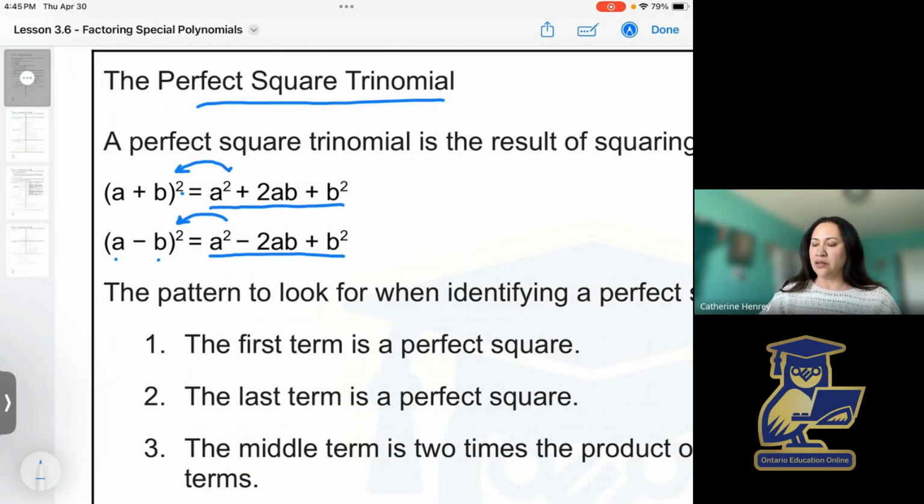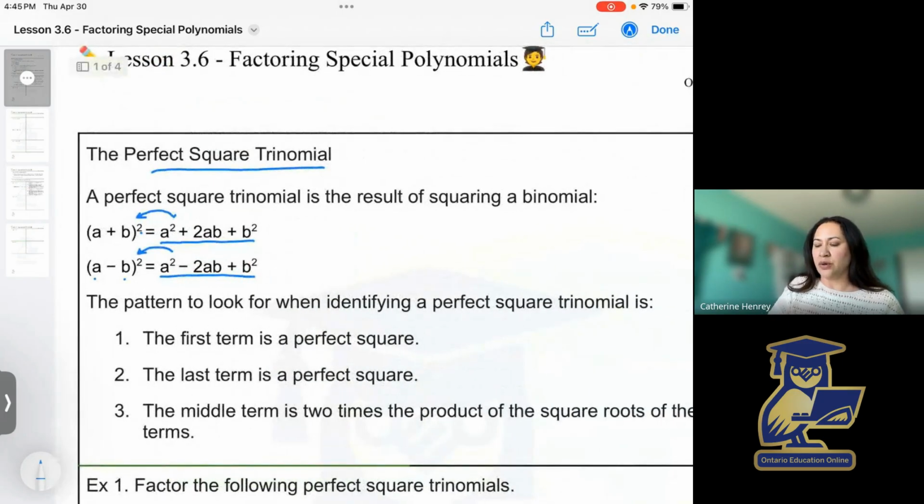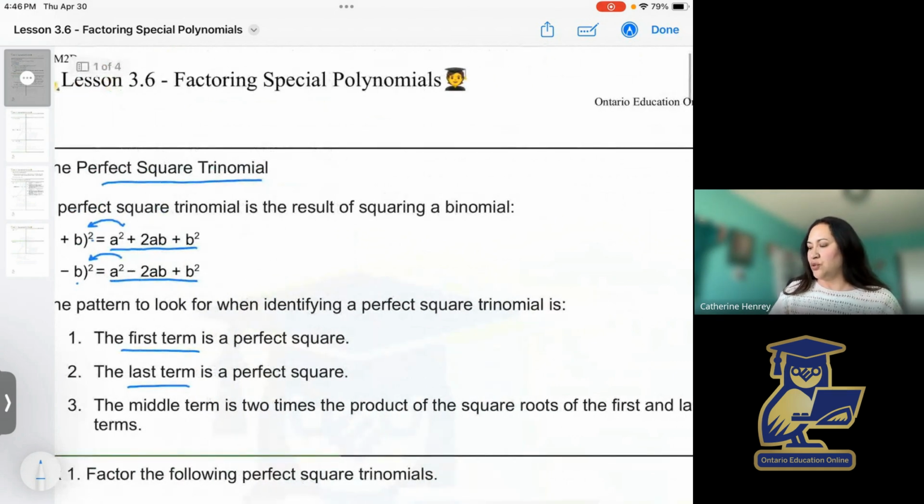So what's the pattern to look for? Well, first you're going to see if the first term is a perfect square. Can you square root that one? Easy. We want to also check if the last term is a perfect square. So those two things have to be true. The last thing that has to be true is that the middle term is 2 times the product of the square roots.